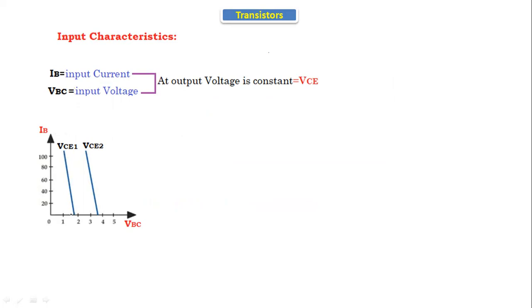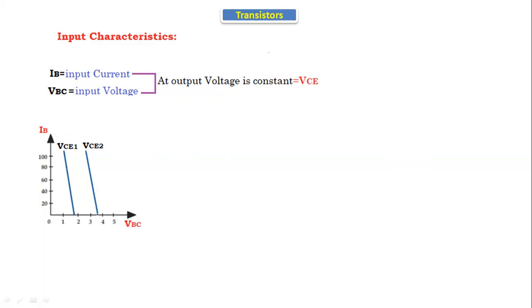Now, if you increase the output voltage, initially the output voltage is VC1. Keeping it constant, if you increase the input voltage VBC continuously, up to this point there is no change in the current.